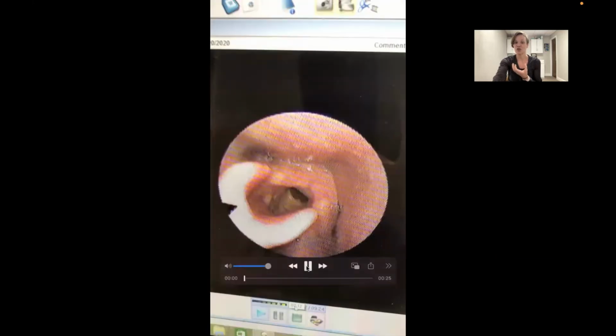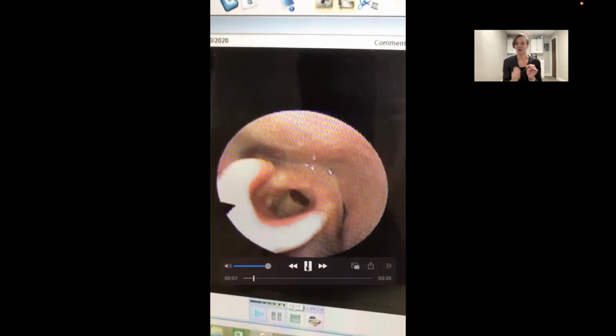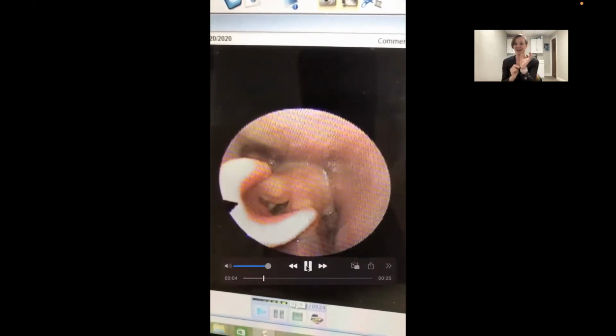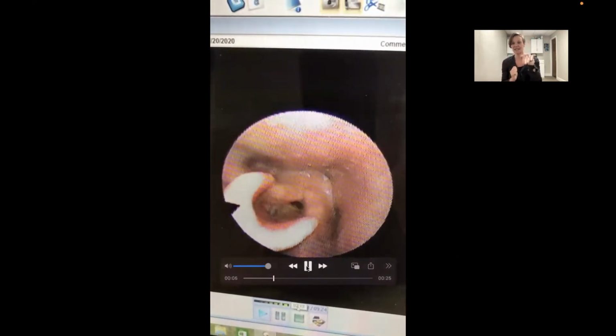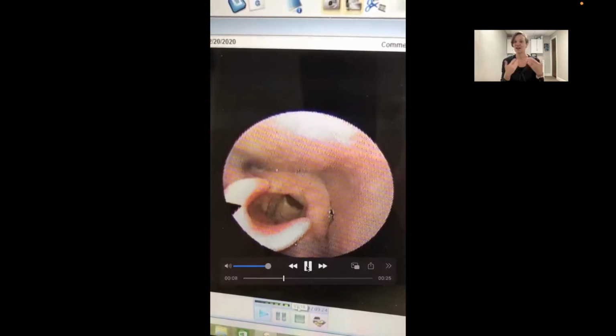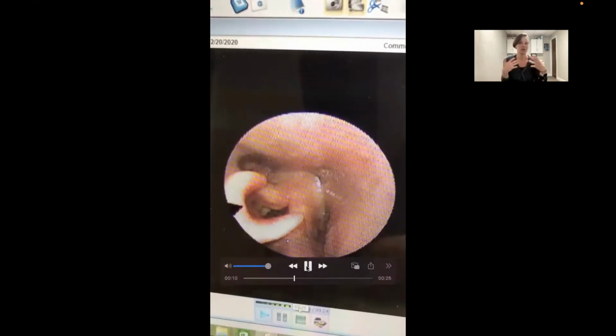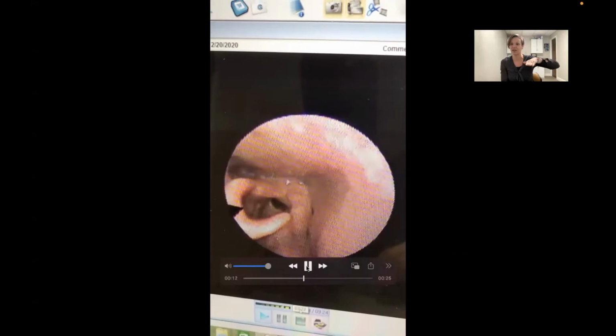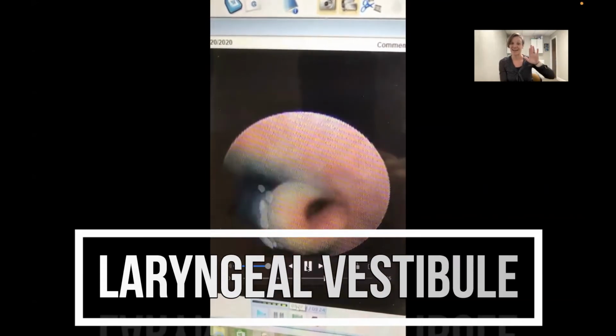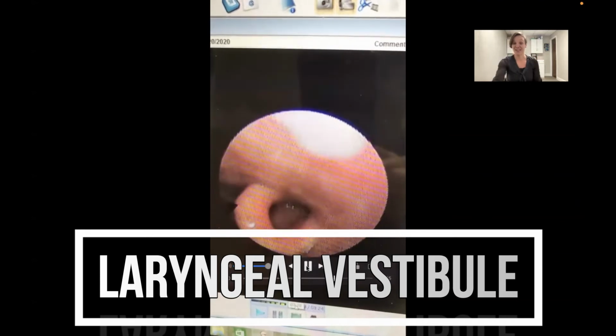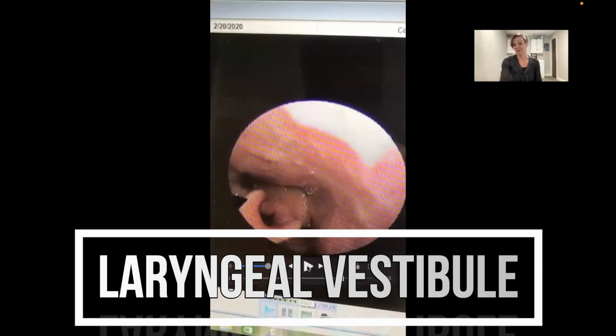They've learned a little trick. Now, the trick they've learned is that their epiglottis does not completely invert. Therefore, it does not give this beautiful closure of the laryngeal vestibule. But they do have a relatively functional swallow.